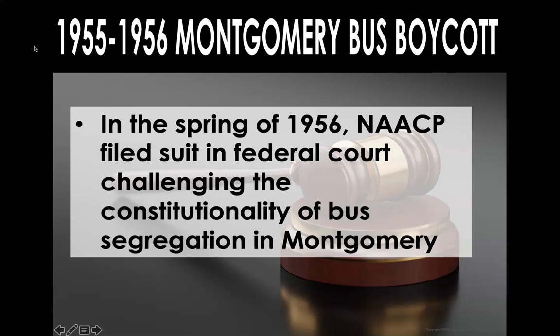In the spring of 1956, the NAACP files a lawsuit in federal court challenging the constitutionality of bus segregation in Montgomery. So this is again how you get laws overturned. Unfortunately, you have to get people arrested. When people get arrested, the lawyers can come in and sue. And if they win their cases, the decisions are legally set for other courts to go by later on.